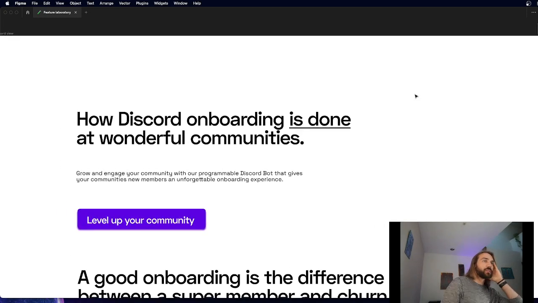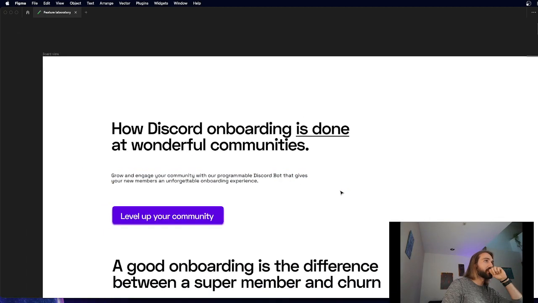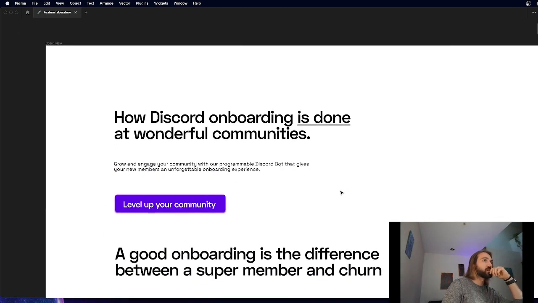How Discord onboarding is done at wonderful communities. Grow and engage your community with our programmable Discord bot that gives your community new members an unforgettable onboarding experience. I think it's too focused on onboarding.